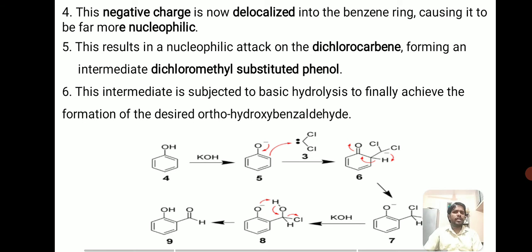This results in a nucleophilic attack on the dichlorocarbene, forming an intermediate, that is dichloromethyl substituted phenol. Later, this intermediate is subjected to basic hydrolysis to finally achieve the target compound, orthohydroxybenzaldehyde, compound number 9. This compound is also called salicylaldehyde.